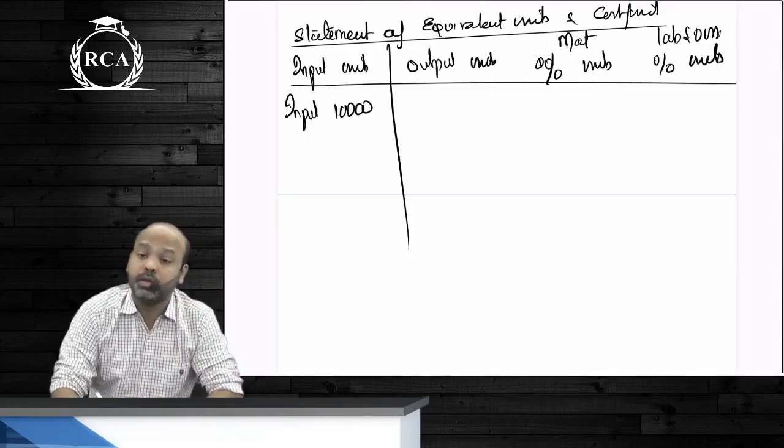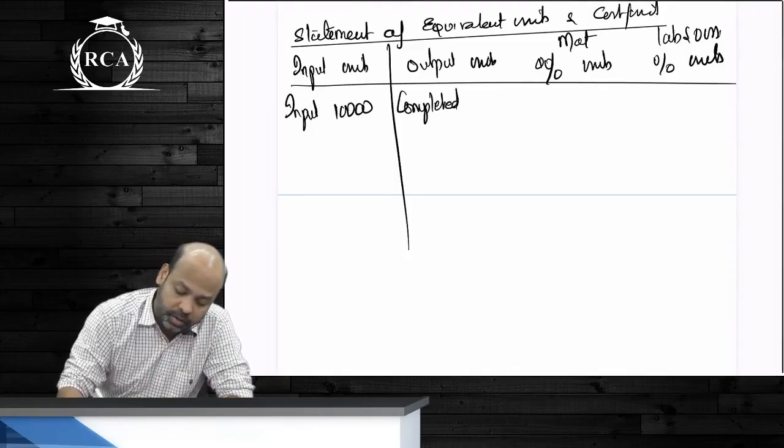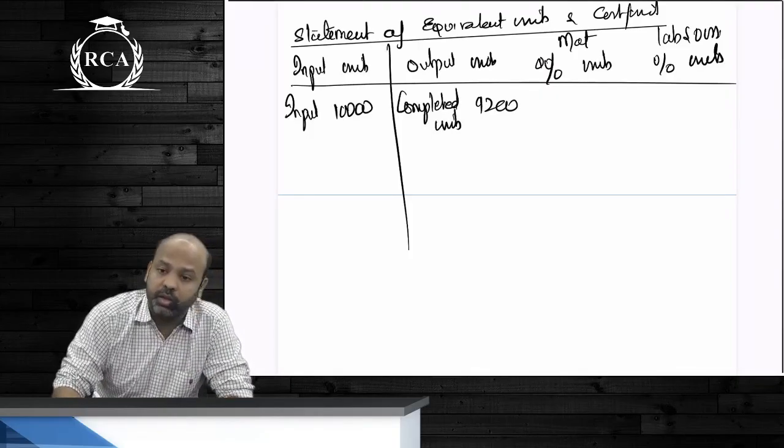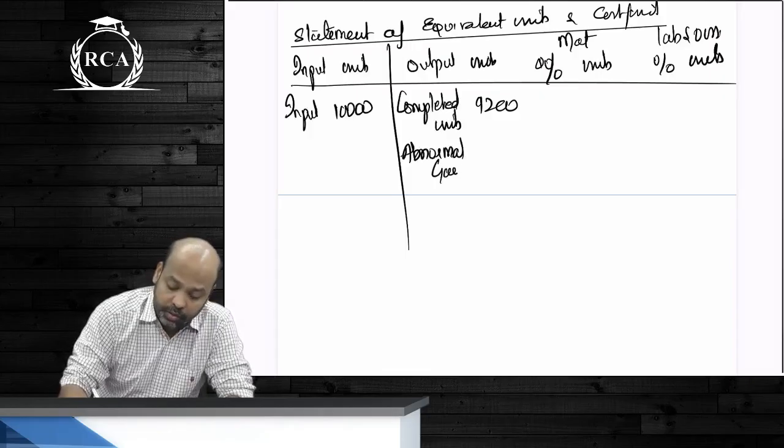Varad, completed units. How many completed units beta Varad? 9,200. Below that beta, abnormal gain, correct beta? How much? 100 units. Most important, negative 100.